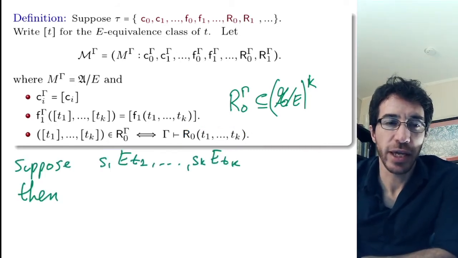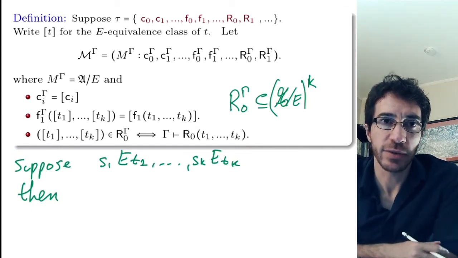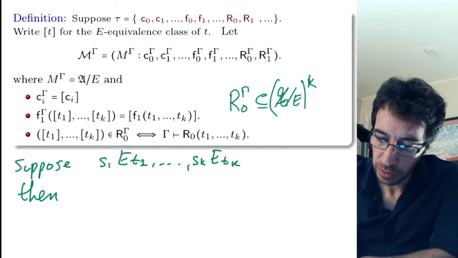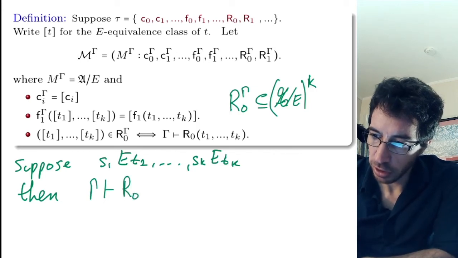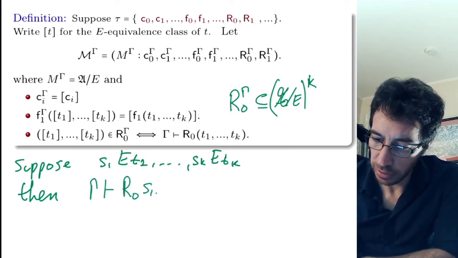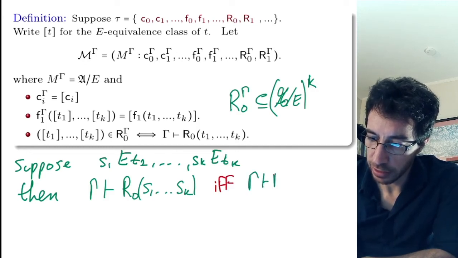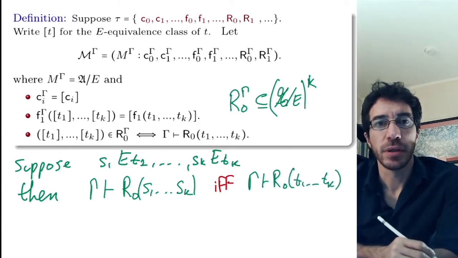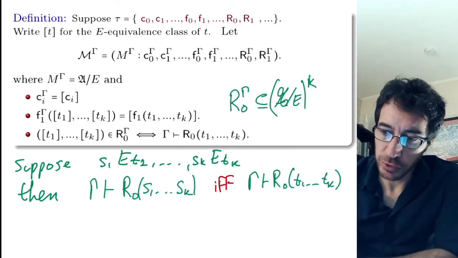What we can show now is that if we have that S1 is equivalent to T1, and so forth, Sk is equivalent to Tk, then gamma proves that R holds of S1 up to Sk if and only if gamma proves that R holds of T1 up to Tk, because they are equal.